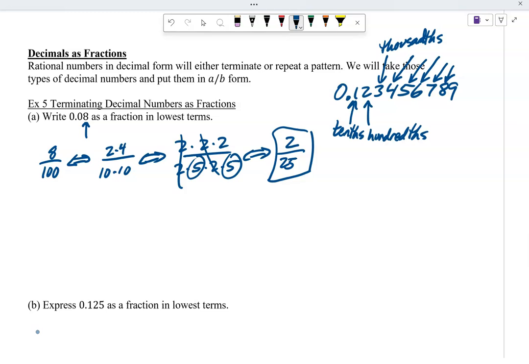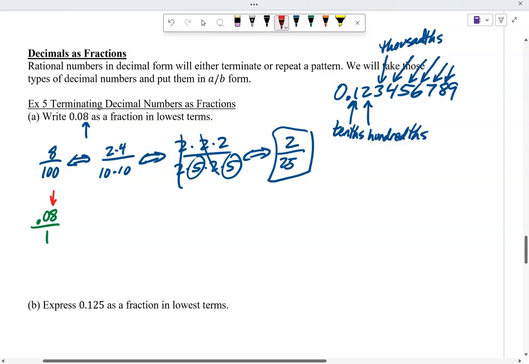Method 2, there's a different way to do this. Let's go ahead and write method 2. And that's to write the 0.08. Go ahead and put it over 1. And then what you want to do is multiply the numerator and denominator by 10 to the n power, where n is the number of decimal places.